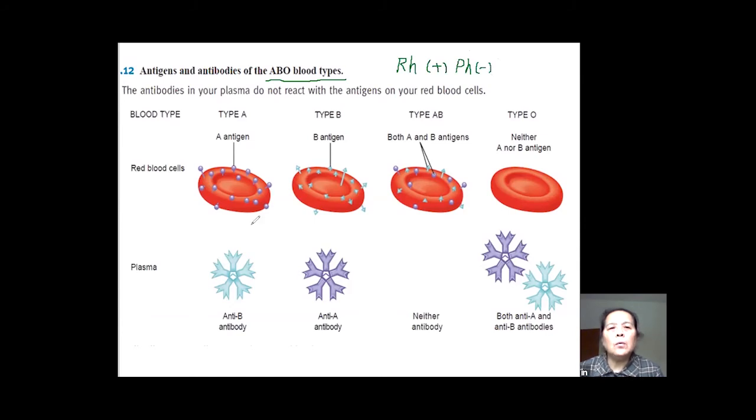So when we do a blood transfusion, we need to match both systems, not only one system. Otherwise, they will cause trouble. So that's basically about our blood type. Just try to understand.